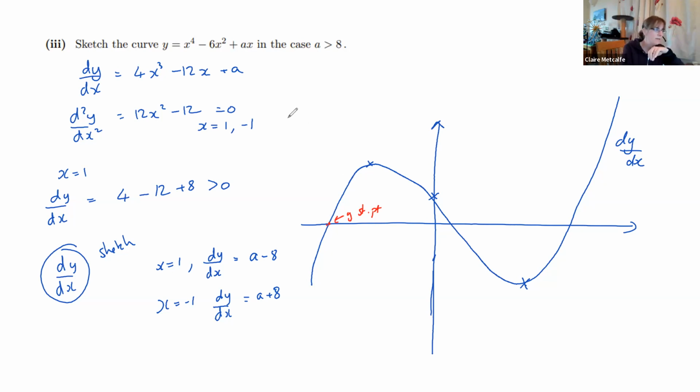So we're going to have a stationary point, and it's probably going to be something like this. So gradient is negative. We're going to have a stationary point at about here. Then the gradient is going to increase. We're going to have maximum gradient here, and then it's going to start to decrease again. And we're going to get a 0 gradient again here. So we're going to get a sort of slight point of inflection.